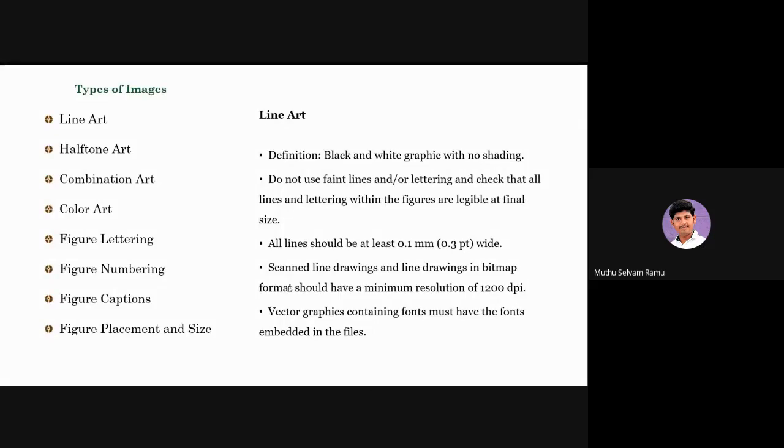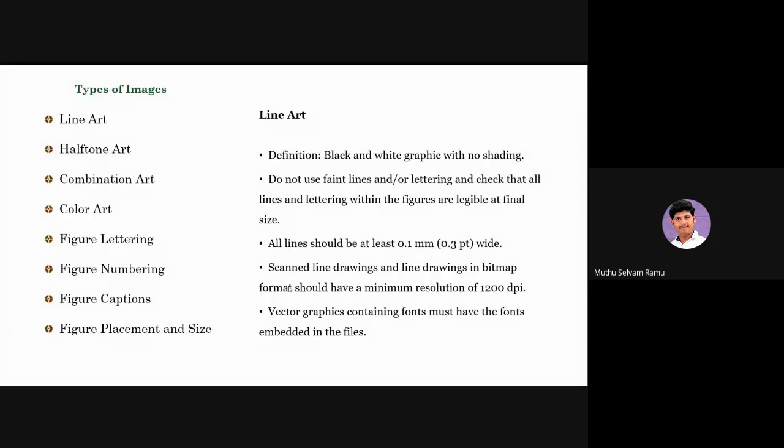So types of images. So coming to the figure, while drafting something in the manuscript, there are a lot of kinds of images you can utilize. These are the few: line art, halftone art, combination art, color art. These are the major art types which you can use in the figure.